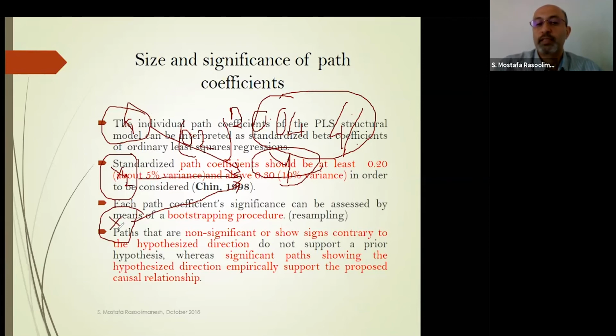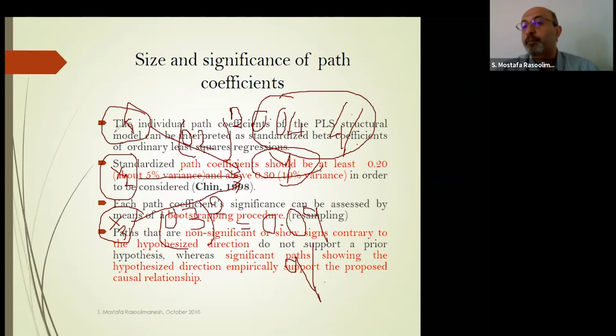If the path coefficient is, for example, 0.3, the explained variance of y by x3 is 0.3 to the power of 2, which is 0.09 or 9%. So based on this, roughly we can identify the contribution of each construct, each independent variable, on the dependent variable.